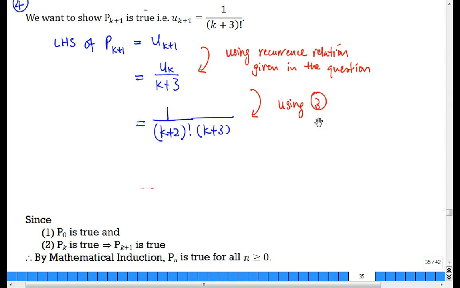What is k plus 2 factorial times k plus 3? K plus 3 factorial, done. Can you understand? 12 factorial times 13 gives you 13 factorial. Make sense? Need me to write? No need, easy enough.